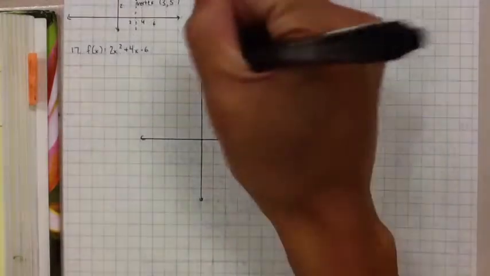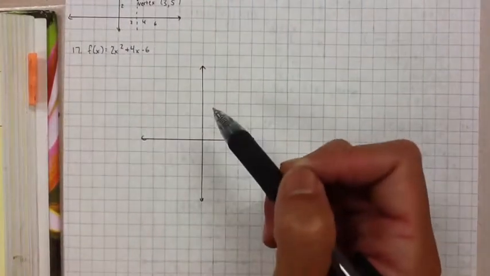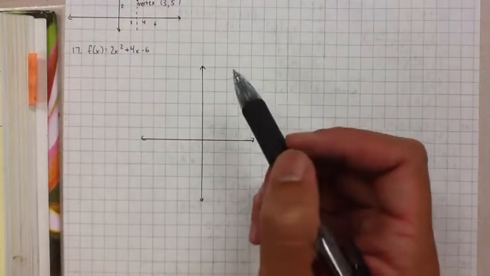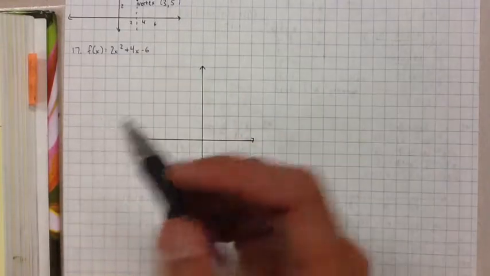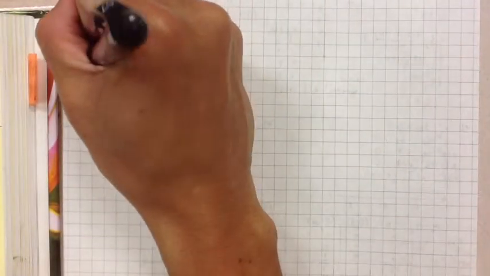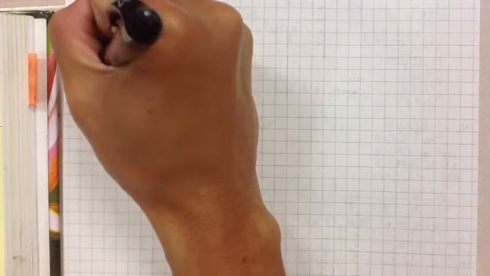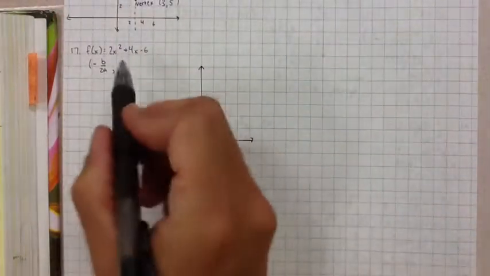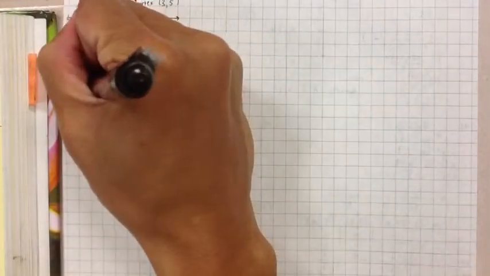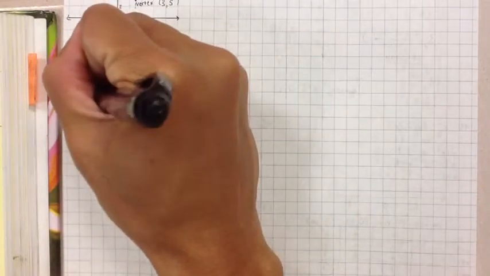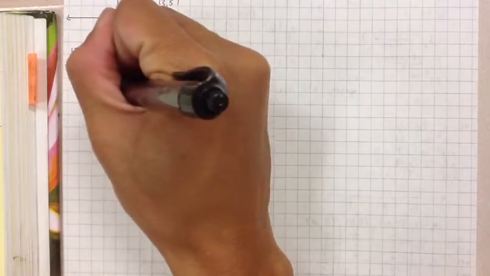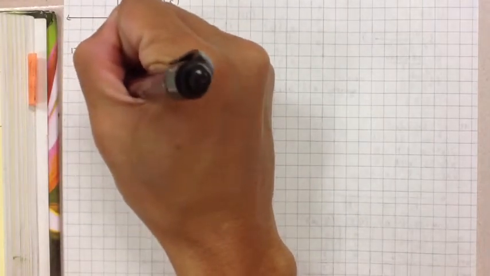Number 17 is a little bit more like something you would see on your quiz again. Let's find our vertex first. Our vertex will be negative b over 2a is going to be our x-coordinate, so let's find that first. B is 4, a is 2, which is going to equal negative 4 over 4, which is just negative 1.